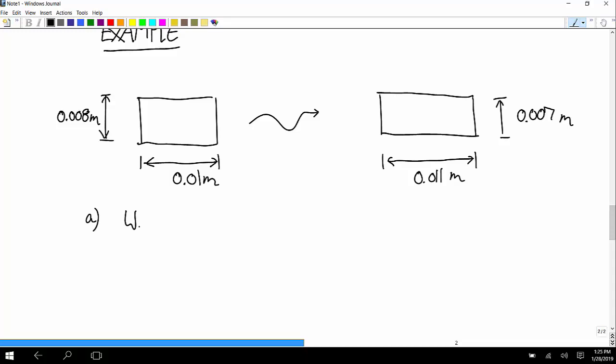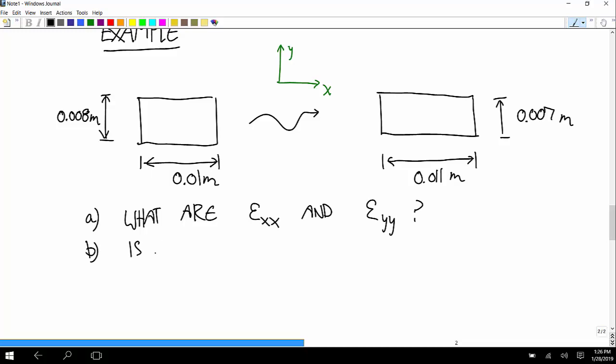So first, and I'll use a coordinate system like this, what are epsilon xx and yy?